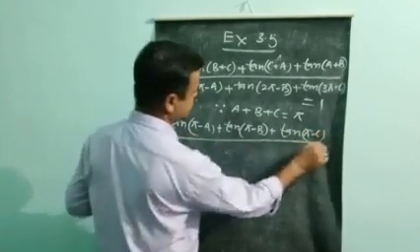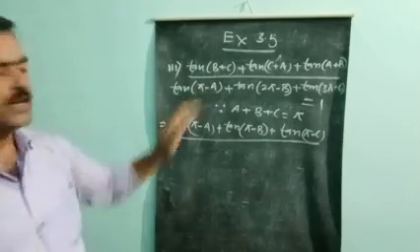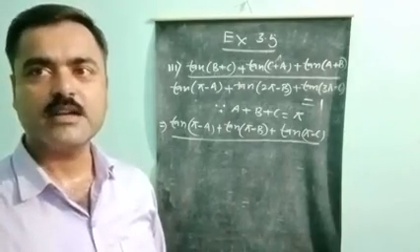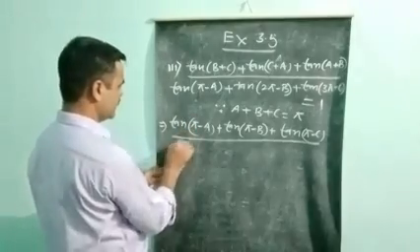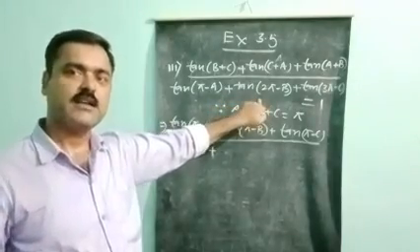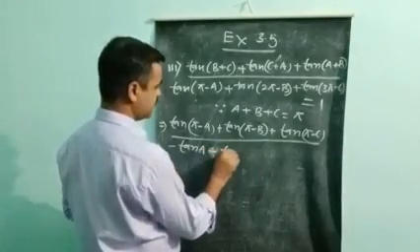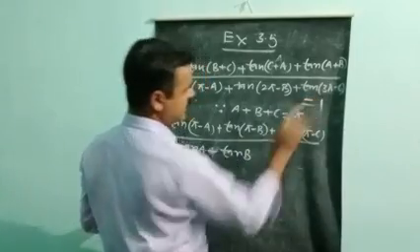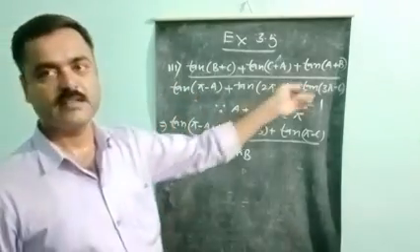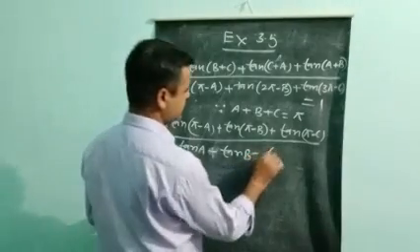This is the LHS numerator, and you know tan(π−θ), meaning tan(180−θ), will lie in the second quadrant, and in the second quadrant tan is negative, so this one will become minus tan A. Plus tan(2π−B) will lie in the fourth quadrant, and in the fourth quadrant tan is negative, so this is minus tan B. And this one, tan(3π−C), again will lie in the second quadrant, and in the second quadrant tan is again negative, so this is minus tan C.